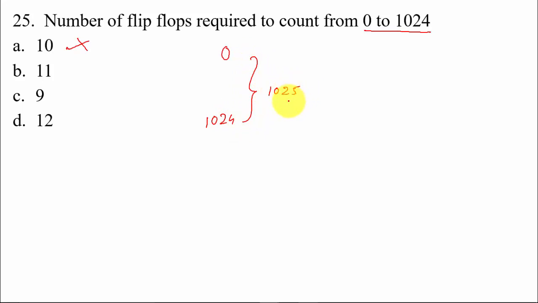So in order to count 1025, you are in need of 11 flip-flops. If I am telling a count from 0 to 1023, at that time 10 is correct. If I am telling total counts of 1024, at that time also 10 is correct. But if I am telling counts from 0 to 1024, it is 11 flip-flops you are in need of. Nothing but option B is going to follow.